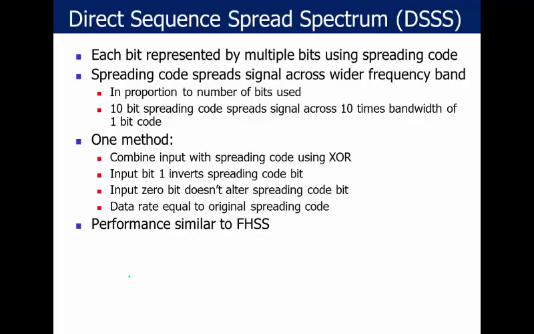Frequency hopping is considered on the frequency axis. On the other hand, direct sequence works more on the time axis, over the time domain.